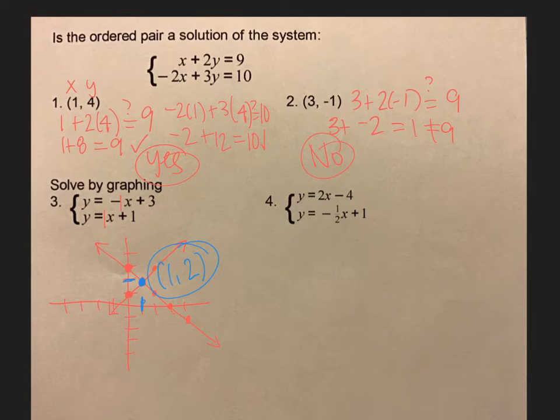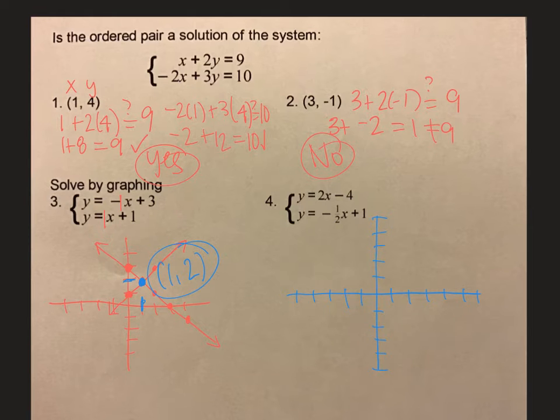Okay, so we're going to do the same thing in number 4. We're solving by graphing. So we're just going to make our graph. So my first equation, y equals 2x minus 4.